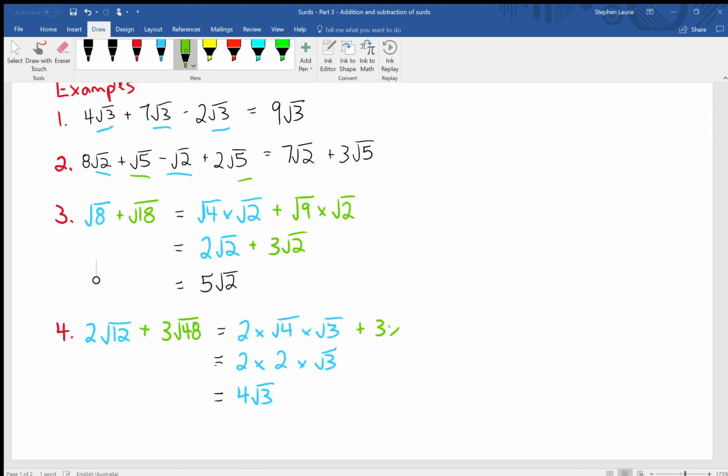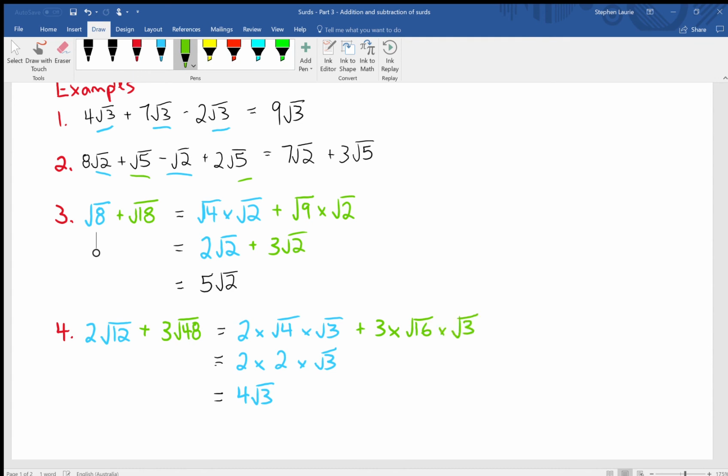3 times... Okay, what square number goes into 48? Now 4 is a factor of 48. So it could be 4, but there is actually a higher one than that. Now 16. 16 goes into 48 3 times.